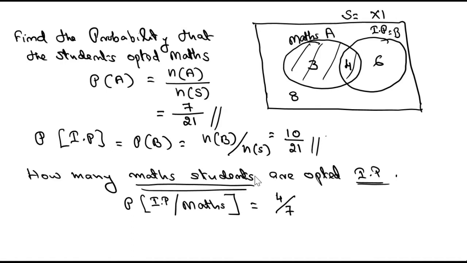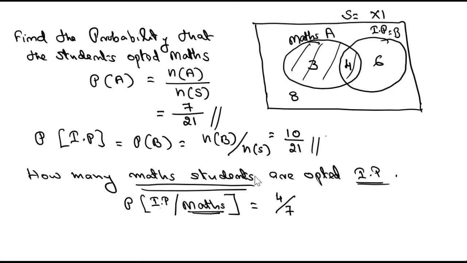So we can see that when a maths student is given, this is the probability of IP, that is, the probability of students who opted IP given they have taken maths. You can see very clearly that your sample space is decreasing to what is given.